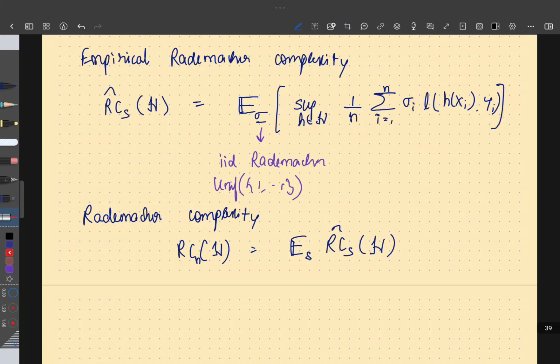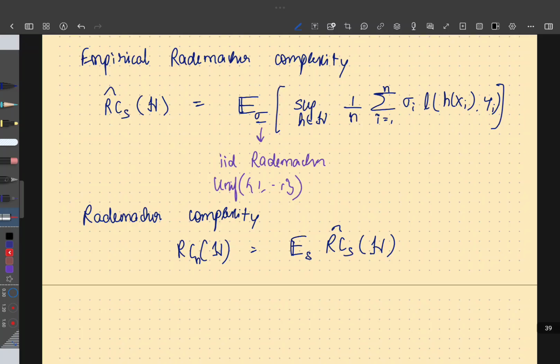There's not too much variation in L of H of x_i comma y_i, which would mean that when you take the expectation over sigma, this would be very small, because if H is not rich enough, then this would be more or less like a zero mean random variable. The correlation would be small because you're taking the expectation over sigma. So it's not possible to always find an H such that you have full correlation with all possible configurations of sigma.